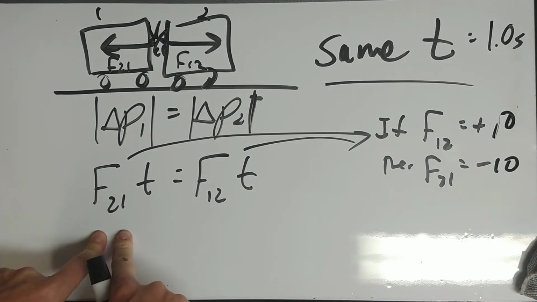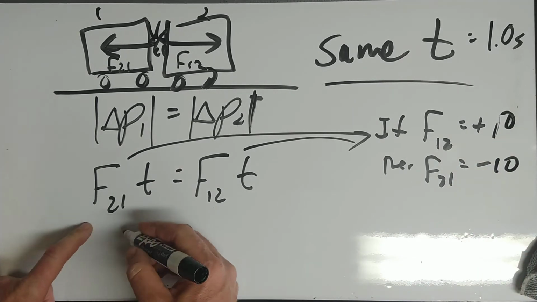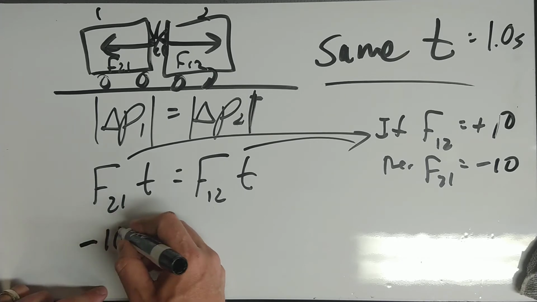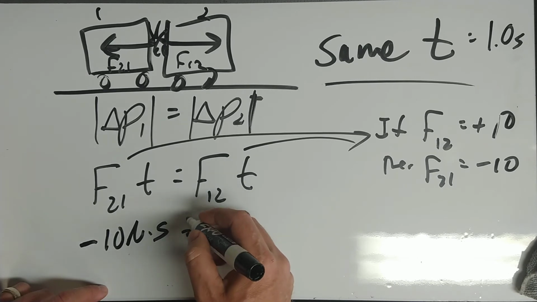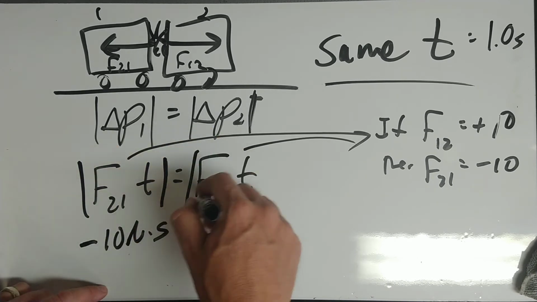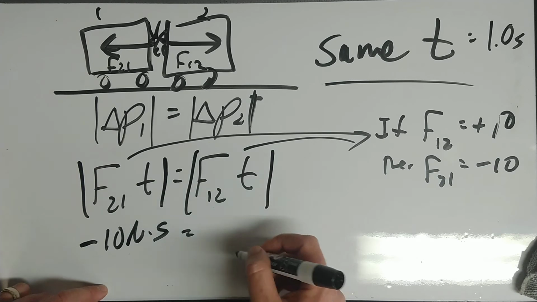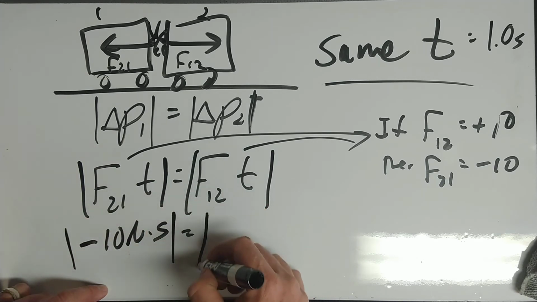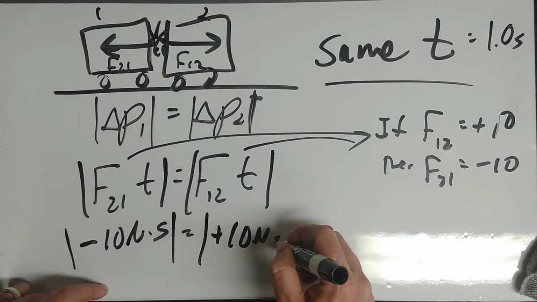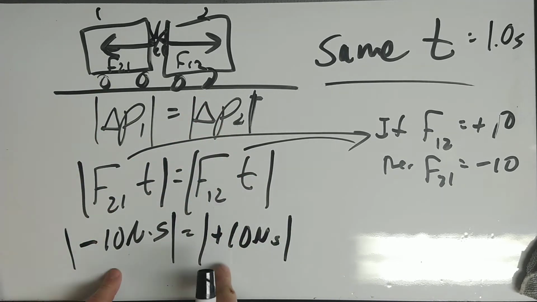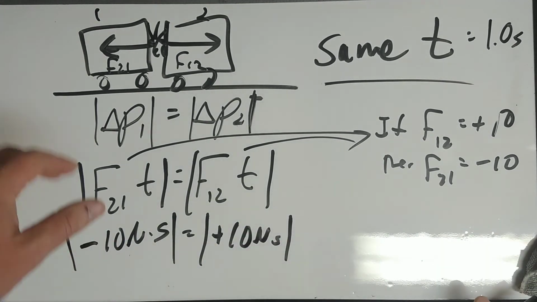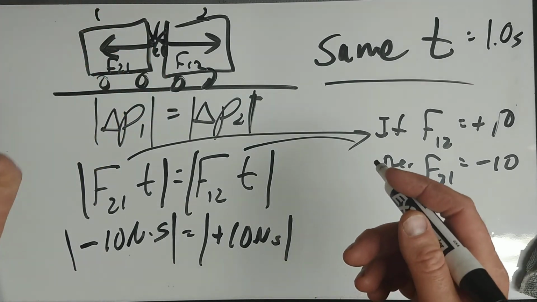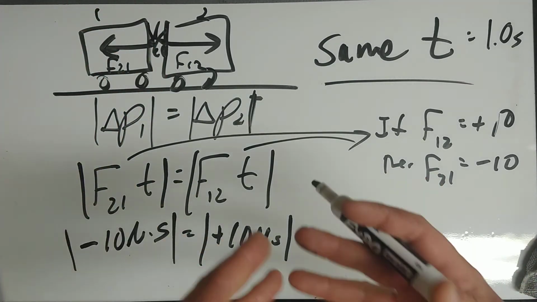So this one's change in momentum would have to be negative 10 Newton seconds, because of F21. This one would have to be the same magnitude, positive 10 Newton seconds. So the magnitude of the change in momentum is the same, however, they have opposite signs, opposite directions. So whatever momentum one gains, the other one loses. And this is true in any collision.